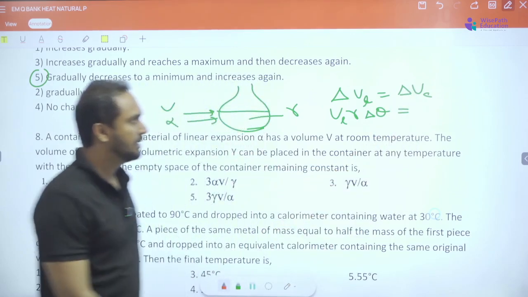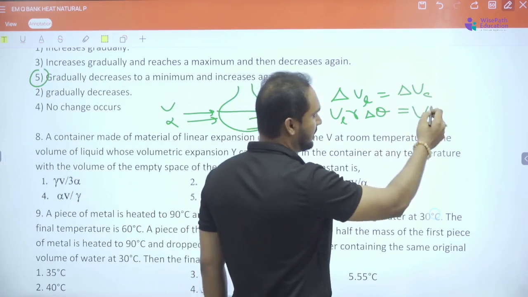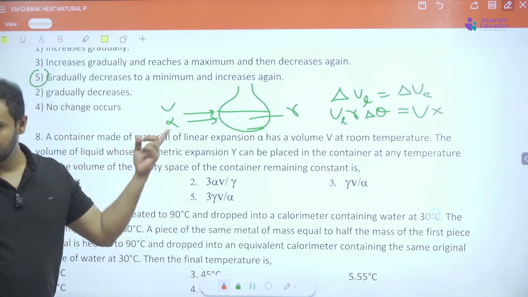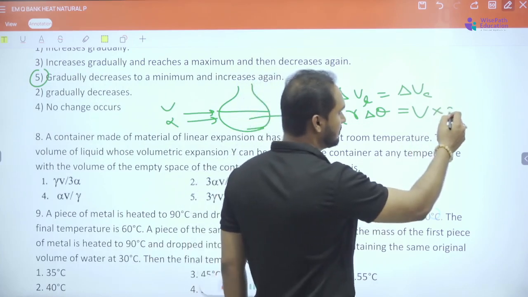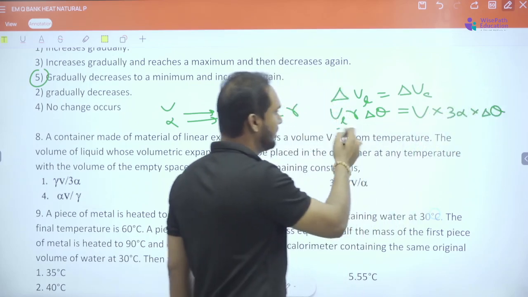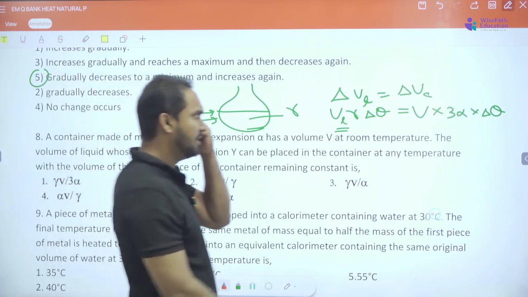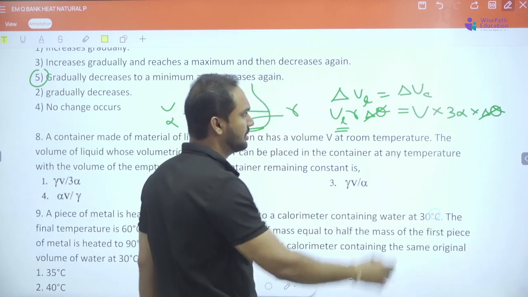Here the container's initial volume is given as V, and the expansivity alpha is given, so the volume expansion should be 3 alpha. And the temperature difference is delta T. So you have to find VL. Isolate VL, that's all. Delta T and delta T will cancel out.